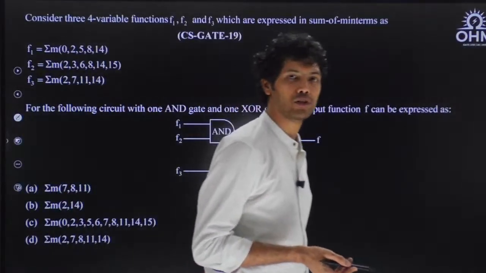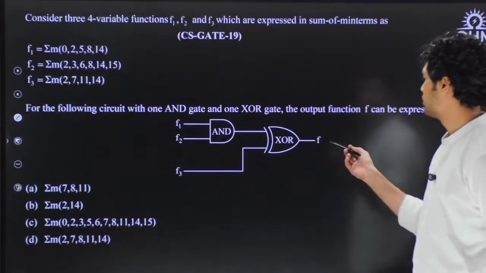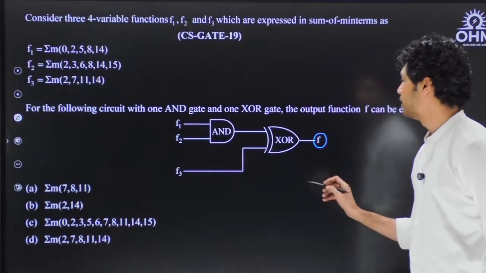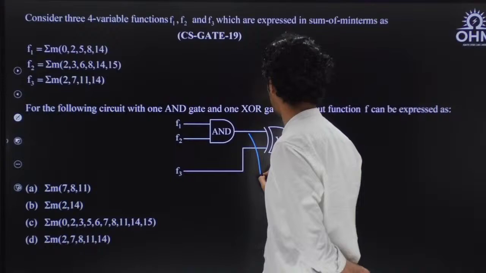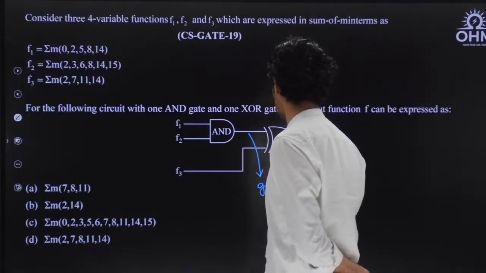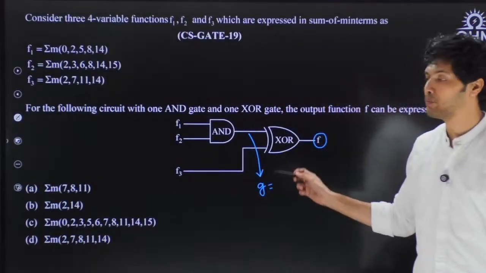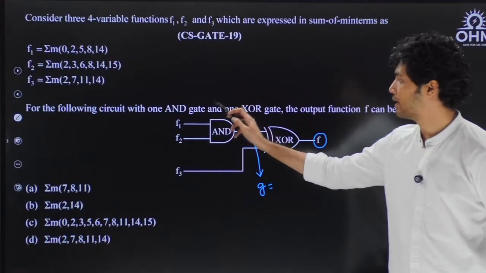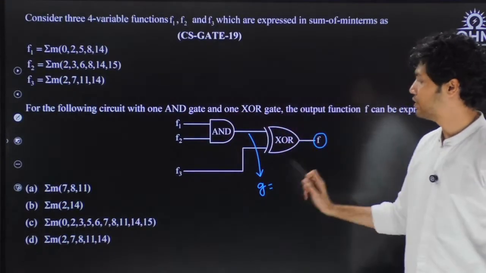Again, we have been given functions F1, F2, F3, and you are supposed to find out the output F here. So let me call this output G. Okay. So what is G? G is the output of the AND gate. Inputs are F1, F2. So what is G here?